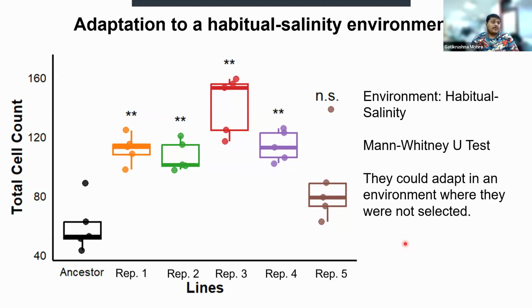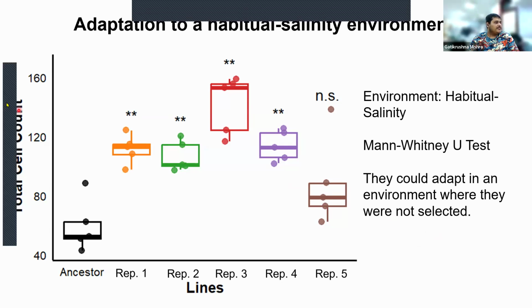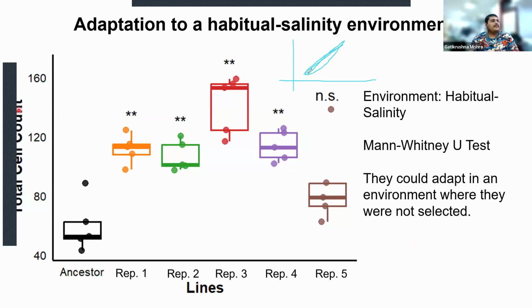Now we discussed the reaction norms and their slopes. So our goal was to use these colony counts to plot those reaction norms. So basically, if you have forgotten, let me refresh your memory. Reaction norms were something like this, right? So our goal would be to look at, like, the ancestor would have a positive slope if this is the multicellularity index, where this is low saline environment and this is high saline environment.